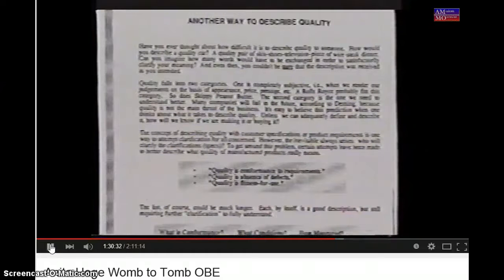Quality is absence of defects. There will be no defects in this product. Remember, the child is now the product, the parent is the supplier, and the teacher will be the mass production assembly line to be sure that we have the quality product. TQM.